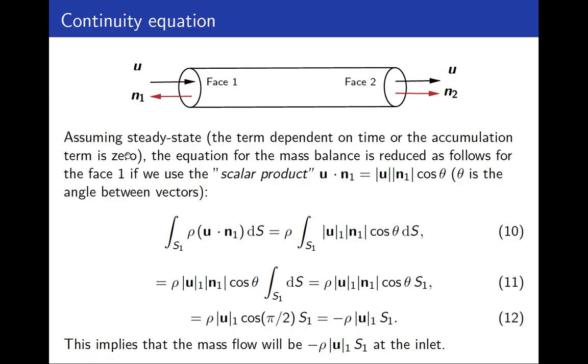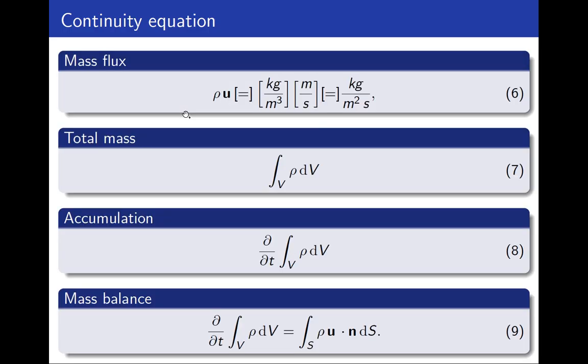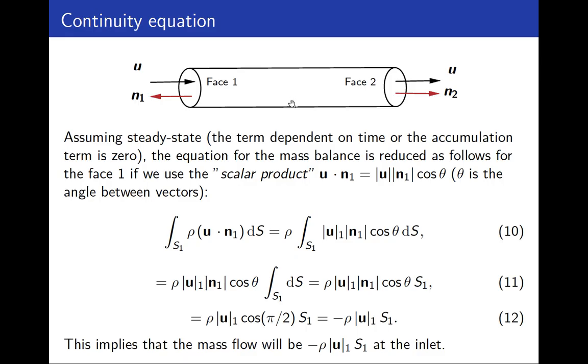If we assume a steady state, the accumulation term is going to be equal to 0. There is no mass being accumulated here. All the mass of fluid entering through the inlet will leave here. Assuming this, the equation for the mass balance is reduced as follows.